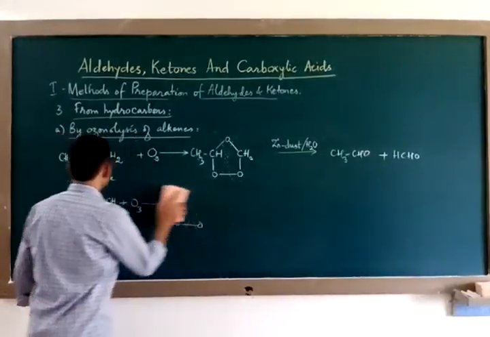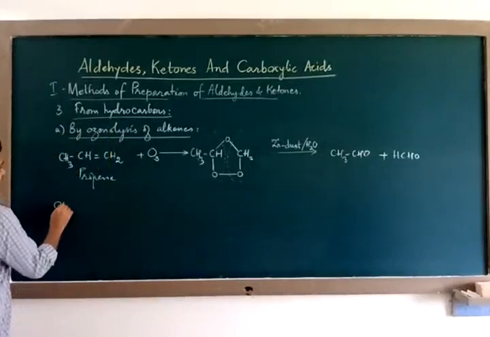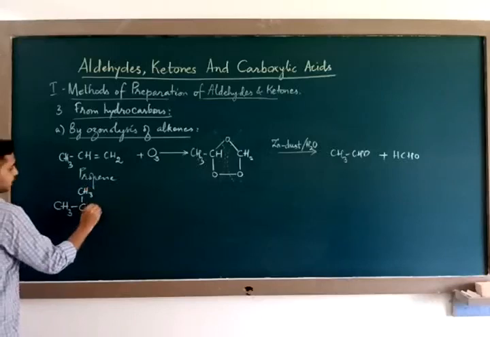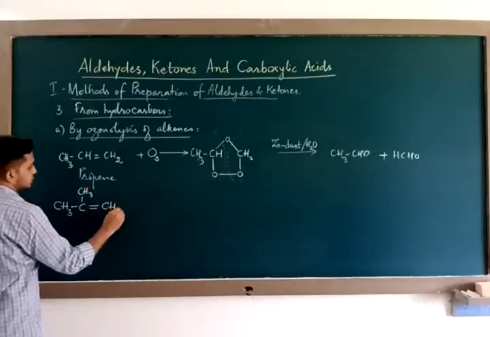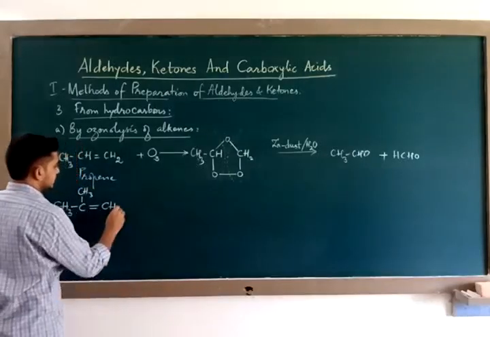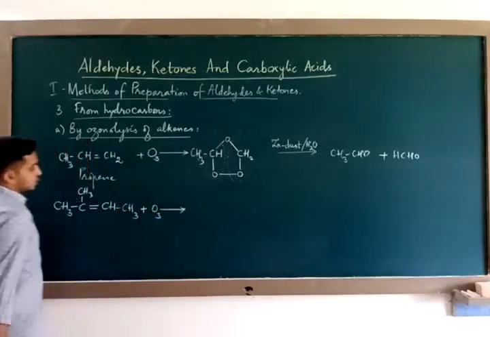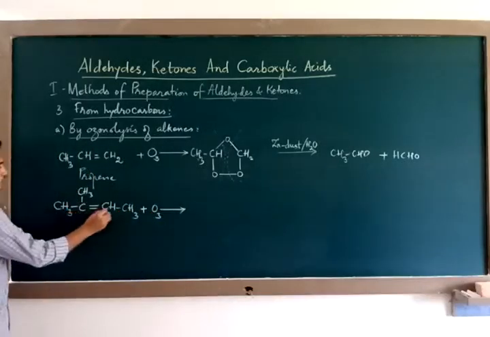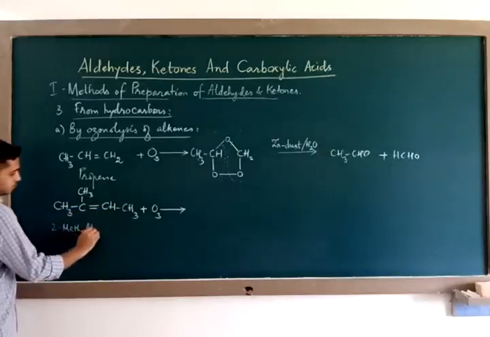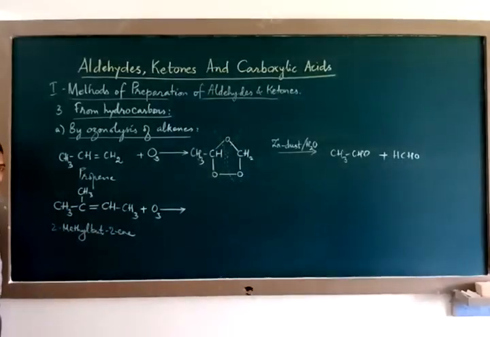Again a different alkene. This time I will use a branched alkene, CH3 CH3 double bond CH2, plus O3. What is this compound? It is 1, 2, 3, 4, 2-methyl butene.